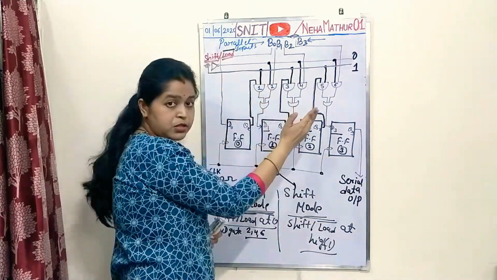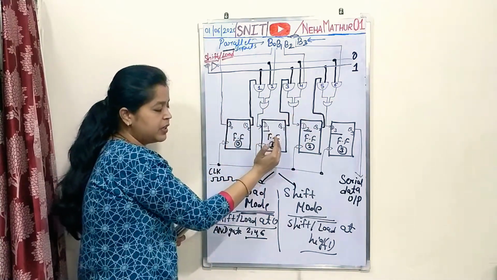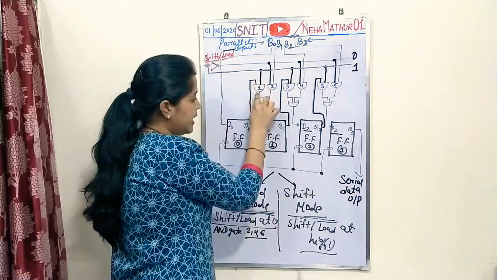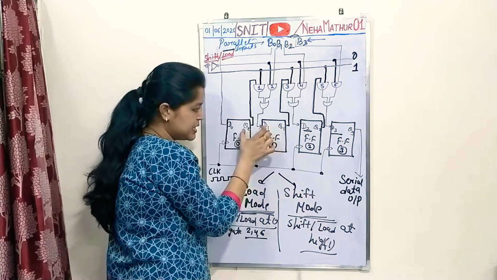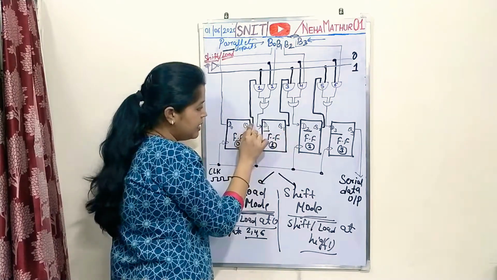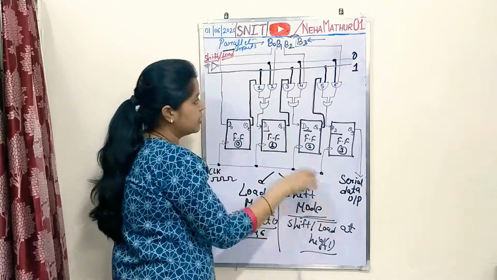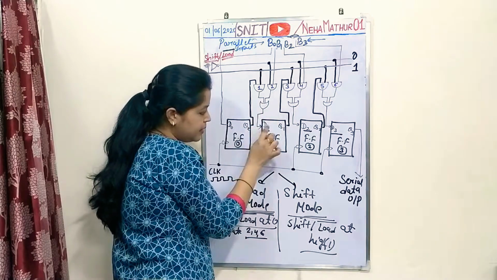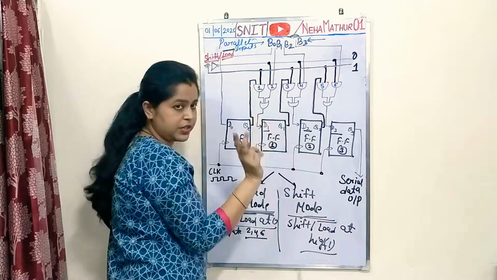They are responsible for shifting your data from here to here, here to here and so on, because now they will see Q0, which is the output and the input for this. And in this mode gate number 1 is active. That means this flip flop will get its input via this connection.